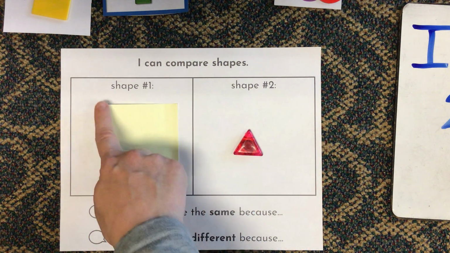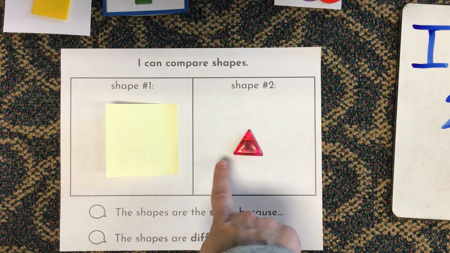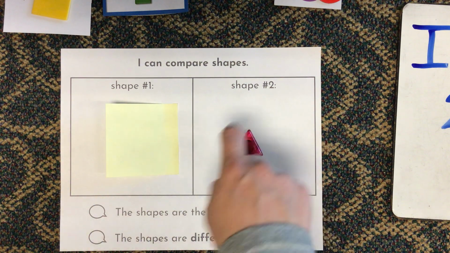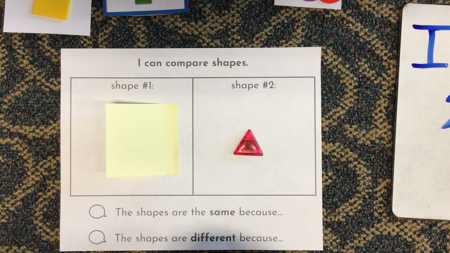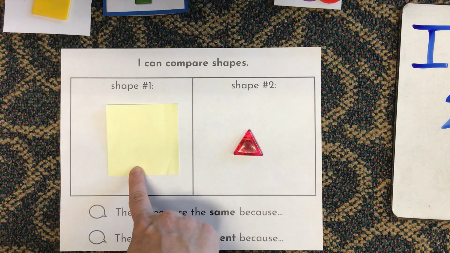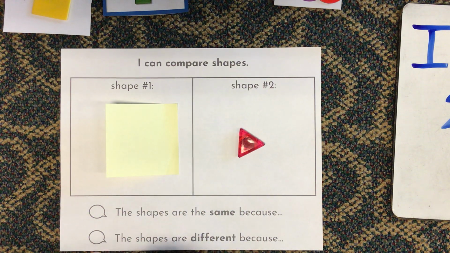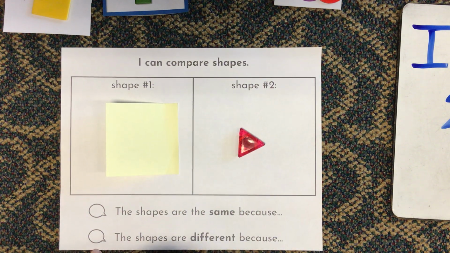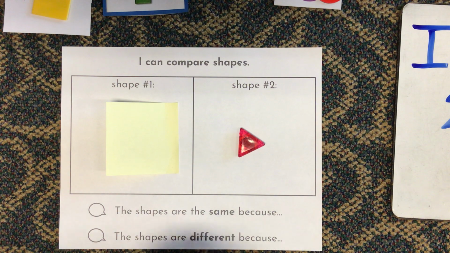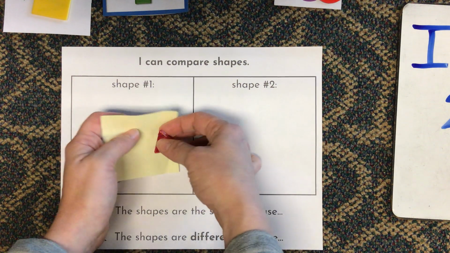This one has 4 corners and this one only has 3. Do you notice anything else that's the same or different between our square and our triangle? Good thinking.